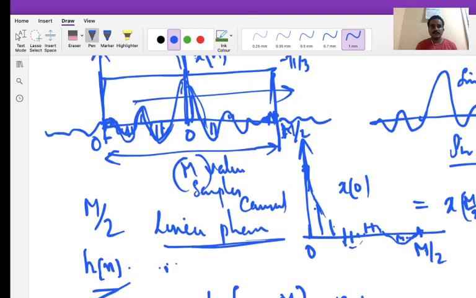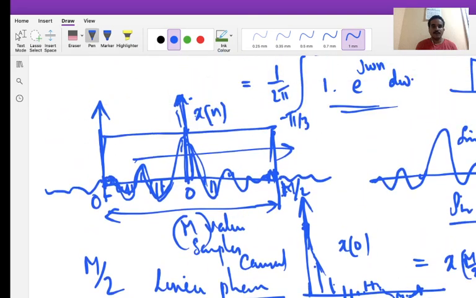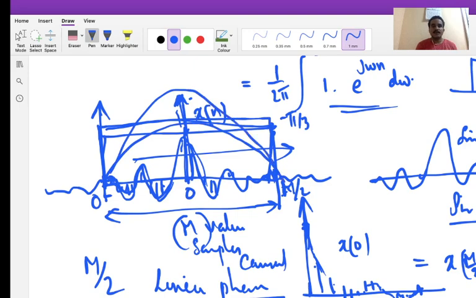So what is this w n? w n is a small window. This can be of a rectangular shape like this, or some other shape like this, depending on what kind of response you want in the frequency domain.